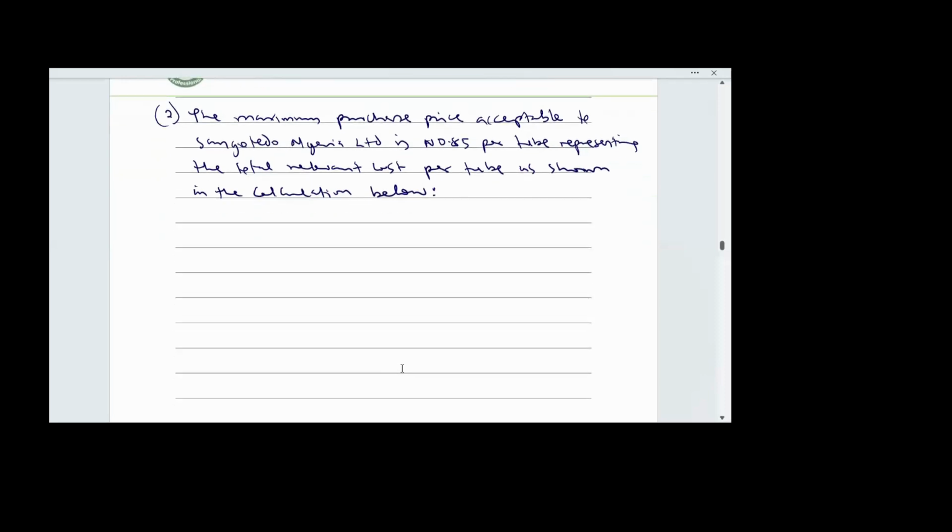So all what you have done before, you already have the number, but just repeat it. So I'll just say maximum price. Direct material is 3 naira. We are told to reduce to 20%, 0.60.